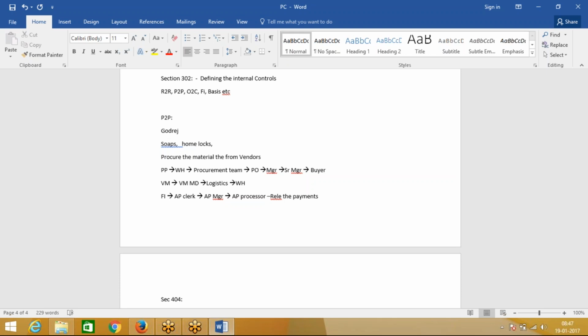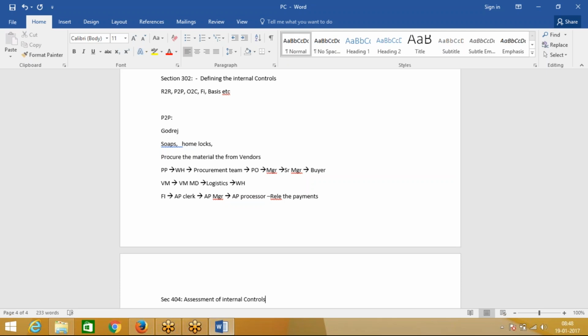Whether the customer is really following that process or policy or not, we assess using Section 404. Section 404 is mainly about the assessment of internal controls.